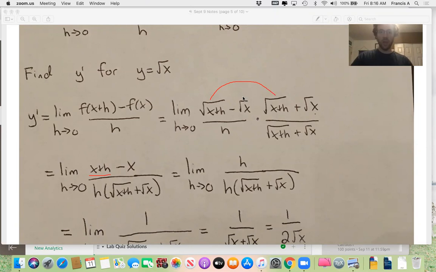When you multiply these two together, you get this minus x, because there's a negative, but the square roots cancel to give you just x.